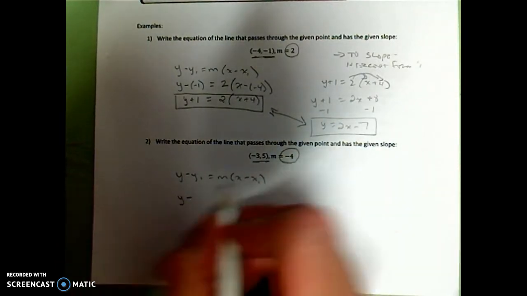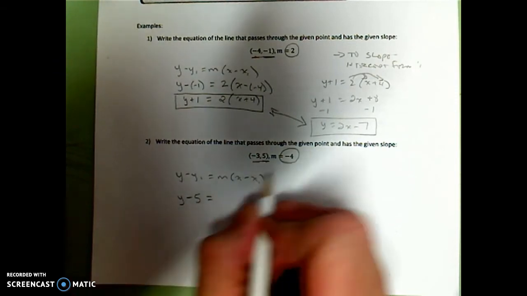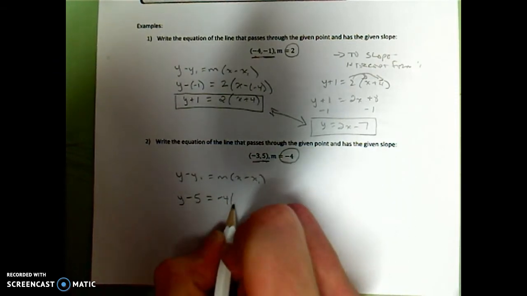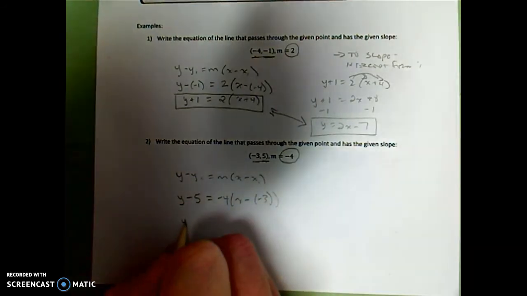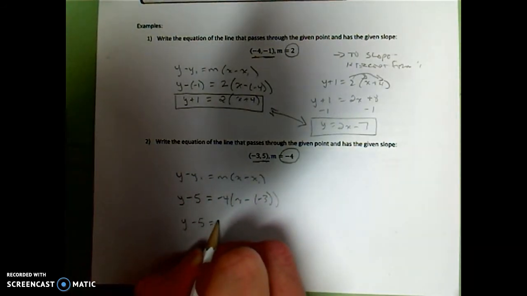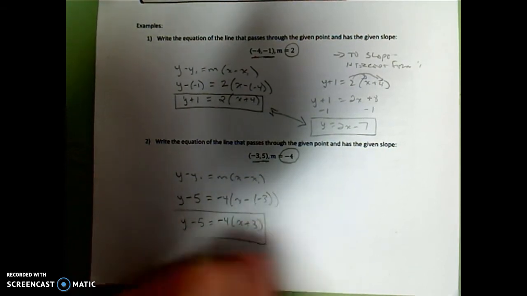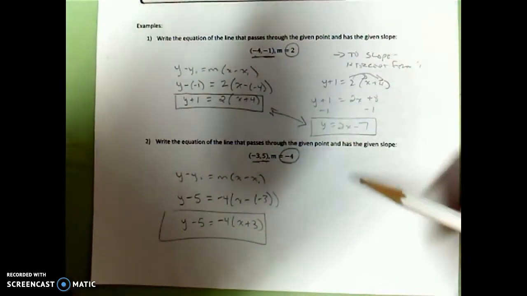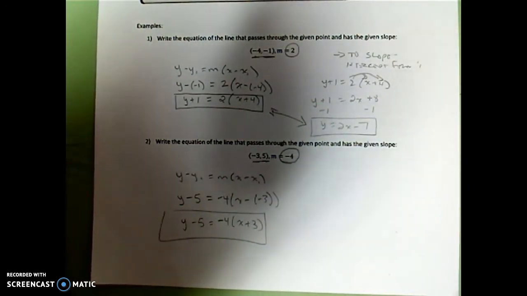Let's plug those in. y minus 5 equals the slope number -4 times x minus -3. y minus 5 equals -4 times the quantity x plus 3. And as above, you don't have to simplify this. You can leave it in this form. It's a perfectly good linear equation called point-slope form.